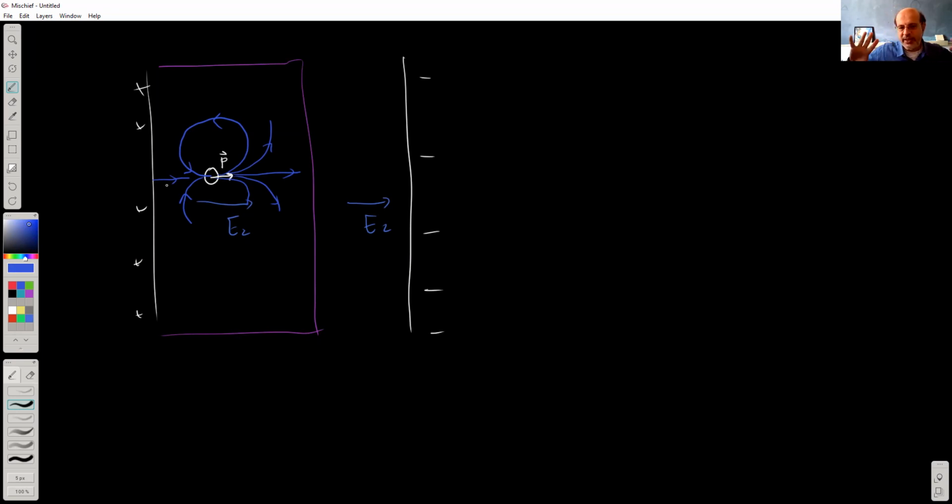But actually, what happens is that we have the electric field produced by these plates, plus the electric field produced by this molecule, plus the electric field produced by all of the molecules. As a result, at every point, I need to add up the effect of all of these electric fields to find the total electric field, okay? And E1 is the total electric field that is produced, right? So there's a tricky bit in here. Let me write it down like that.